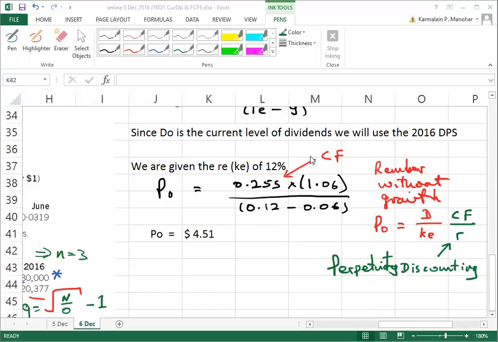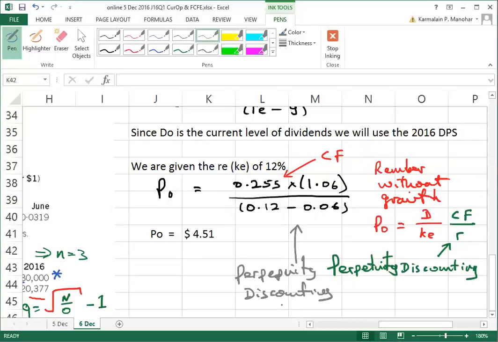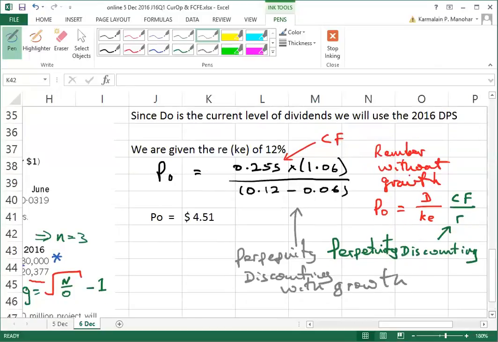So further to this perpetuity discounting, the DVM model with growth now does perpetuity discounting with growth. So that just brings in the G values and we get now perpetuity discounting with growth. What we're going to do next is going to be another complication to that.